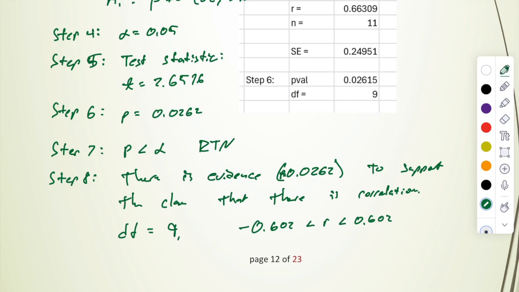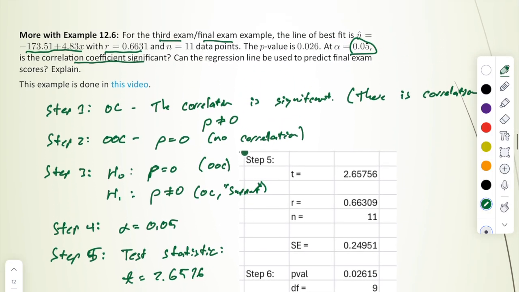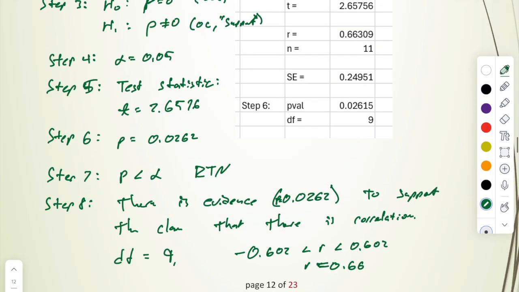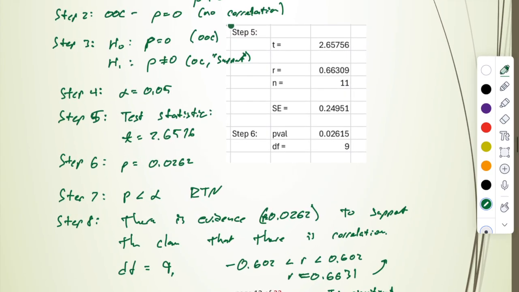And so this one here, since my r is just a bit outside of it at 0.66, that is out on this side. So it is outside of the interval, so it is significant. Okay, and there we go. All right, so that's that example.